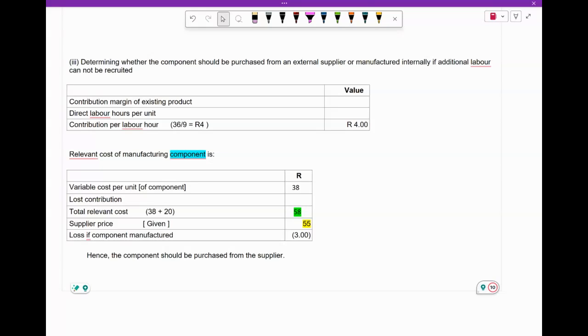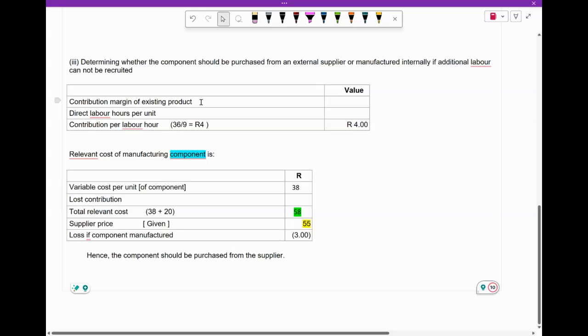Here in the third part, they actually give us the selling price of the existing product. So we now need to work out the contribution margin so we can establish the contribution per limiting factor. Our limiting factor in this case is labor.